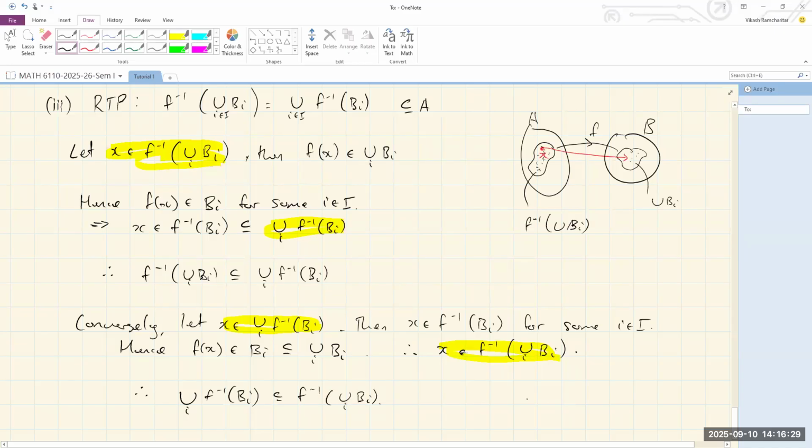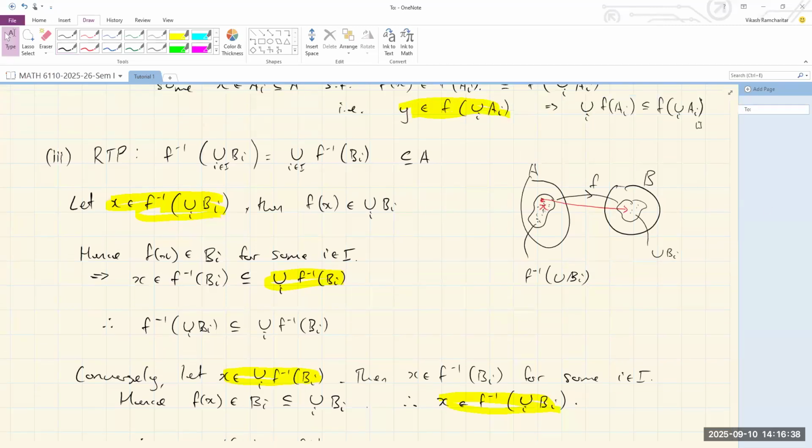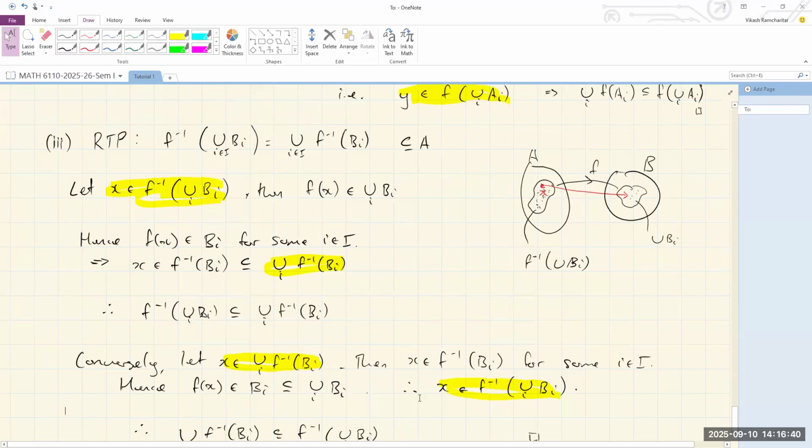Usually these proofs sound this long, but I just went through every single step so it's a bit clearer. So again, let me make a diagram.